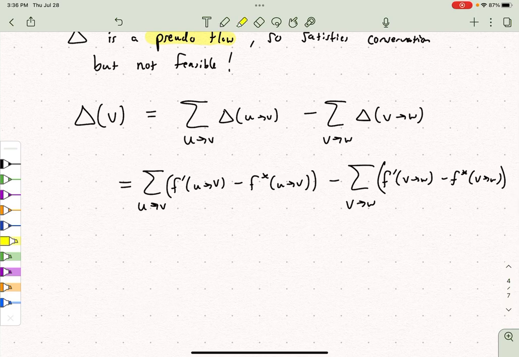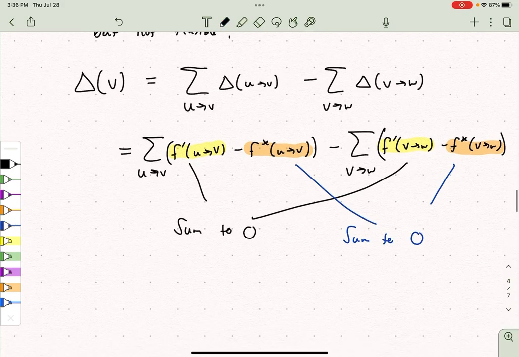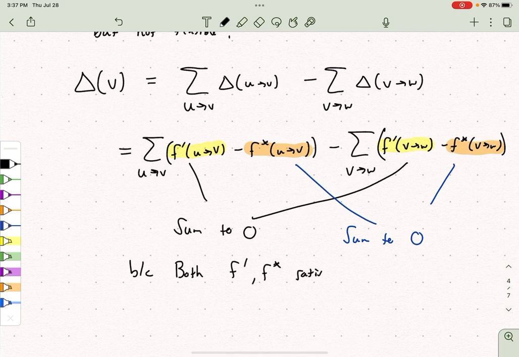If we look at f prime U to V minus f prime V to W, and f star U to V minus f star V to W, then we know those will be 0. The yellow parts sum to 0, and the orange parts also sum to 0. This is because both f prime and f star satisfy conservation.